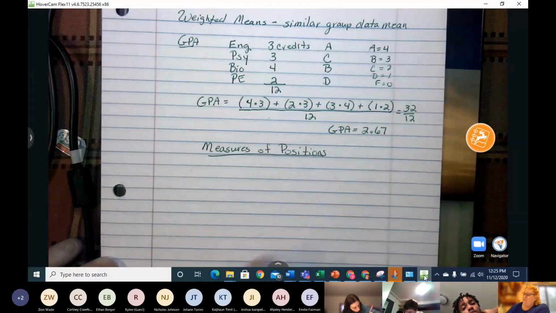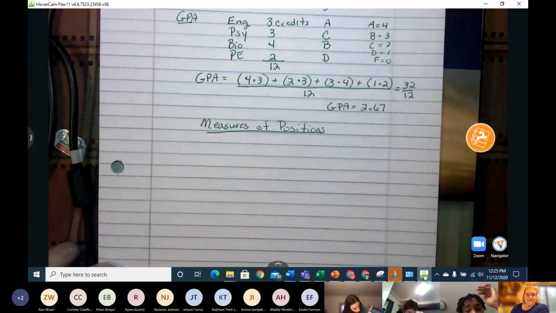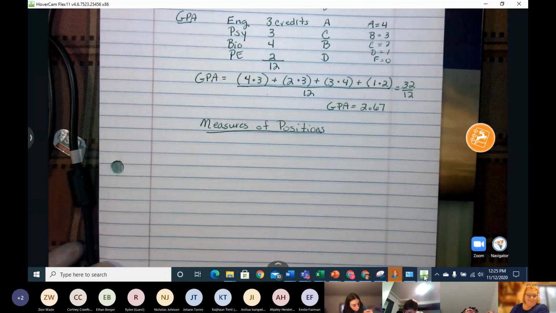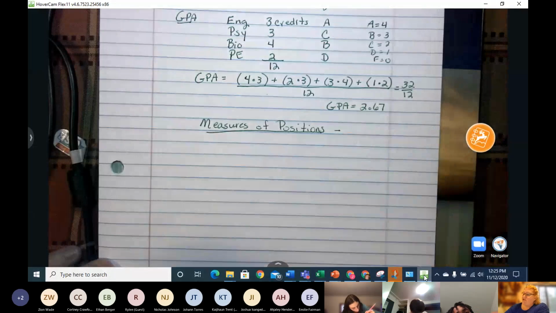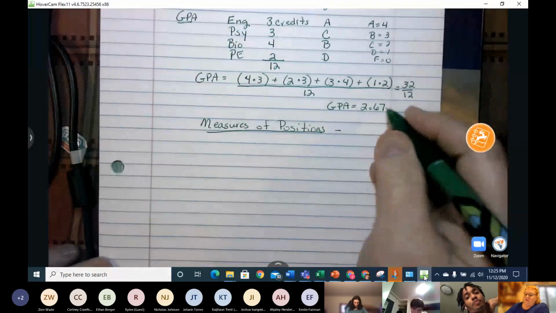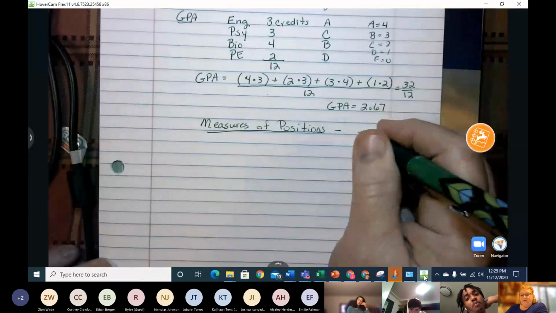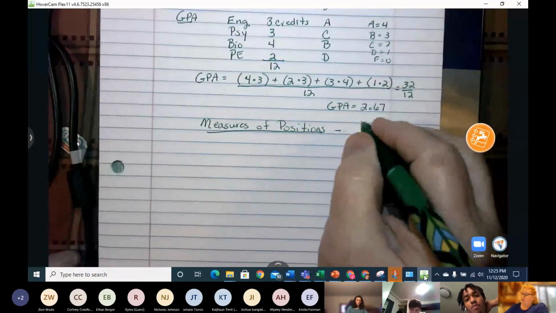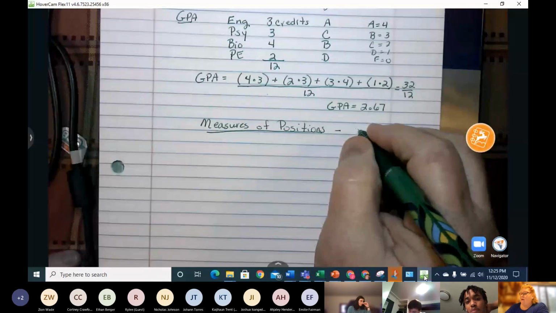I may have to post the last part of this online. Measures of position, where central tendencies had us look at the middle of the data, the measures of position is going to give us a particular location in the data.